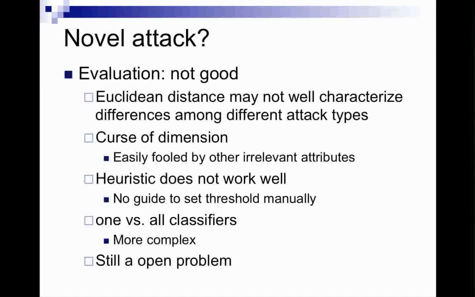So this will increase the dimension of my data points, and the distances will be smoothed out or unrealistic to compare. This is the curse of dimensionality. And another problem is that the heuristic method may not work well because there's no guide to set a threshold.